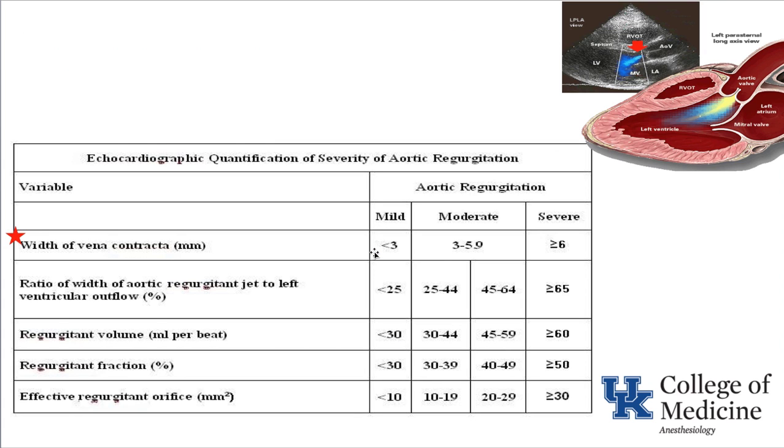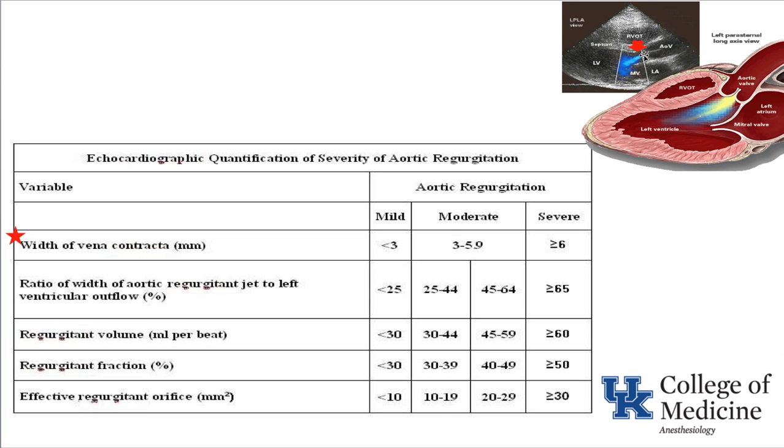How do we quantify AI? Well, it's a little bit more difficult, some aspects, than AS, but one of the things that is looked at is the width of what's called the vena contracta. If you look at the place where blood's coming through the aortic valve, right almost at the annulus, that little width of that jet as opposed to the width of the LV tract gives us an idea how severe the AI is. For example, if the width of this jet fills the whole LV tract, that's pretty bad.